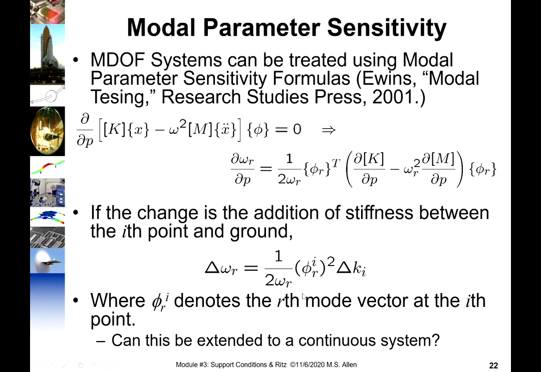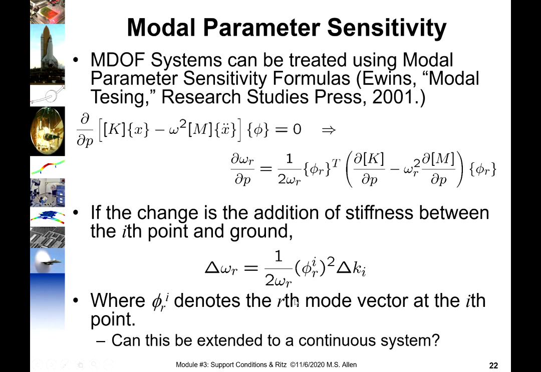And eventually he derives this equation, which tells you that the change in the rth natural frequency will depend on the frequency. Here we have the mode shape at the point where the spring is attached, and then the change in stiffness that you get by adding the spring, or the stiffness of that support spring. So this is another formula that can be used in a more general case.